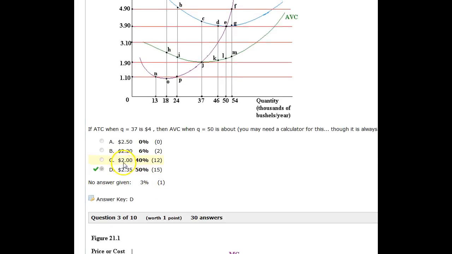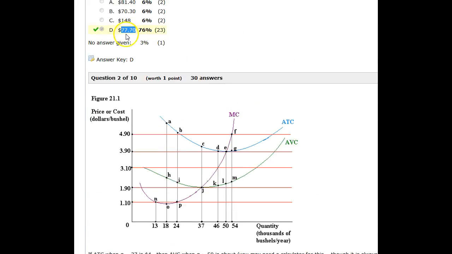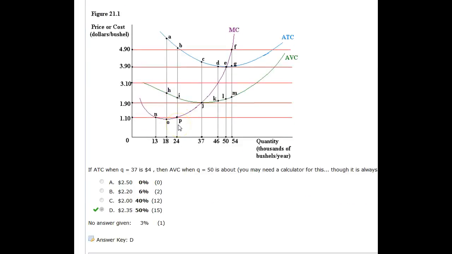All right, same setup. We're told ATC is 4, then AVC and Q equals 50. So we're trying to find out ATC here. We know fixed costs are $77.70. We figured that out here. Fixed costs are fixed. They don't change. So they're also $77.70 here.